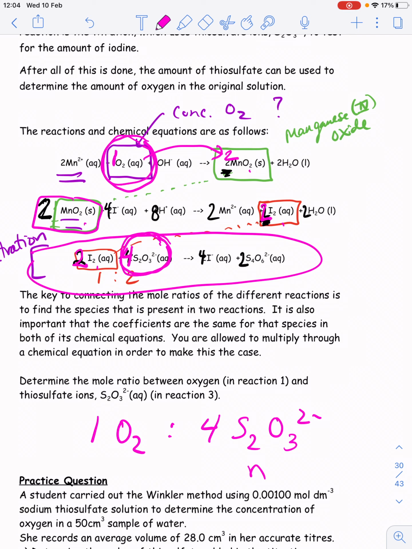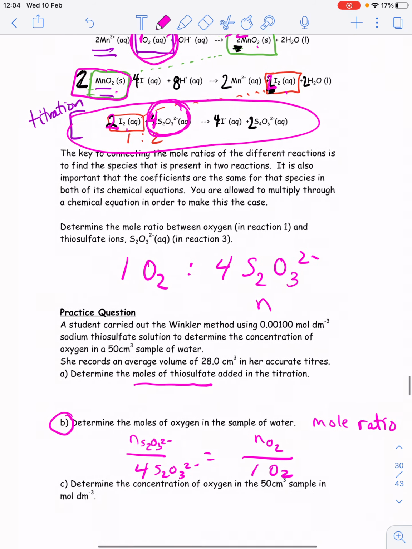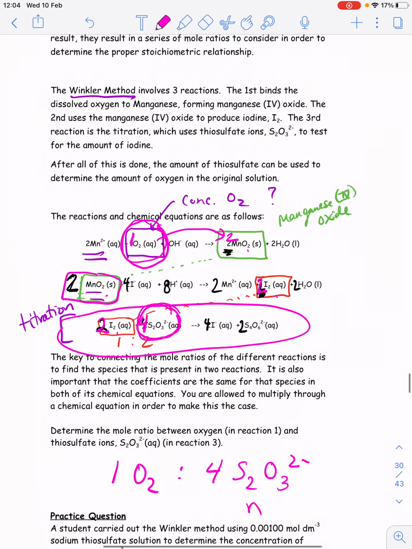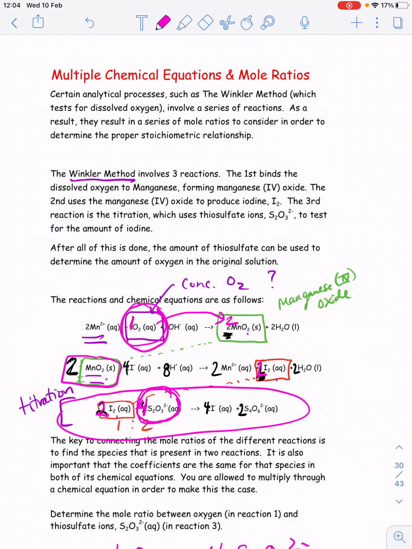And my suggestion, there is another way to do this, but my suggestion is go through and make sure all of the coefficients match. And you do that by multiplying equations as needed, and then you can clearly see the coefficients and the ratio at the end. 1 to 4 when we get done with that one. So that's how you deal with multiple chemical equations and determining a mole ratio.